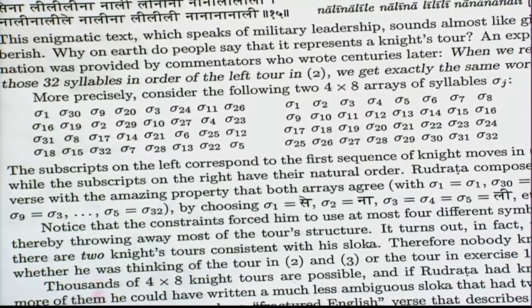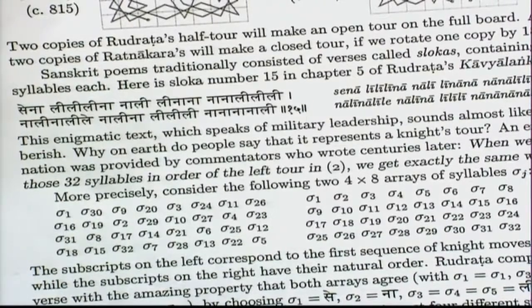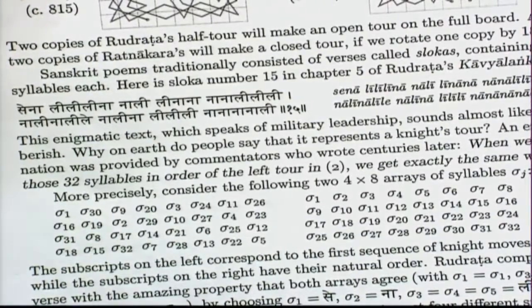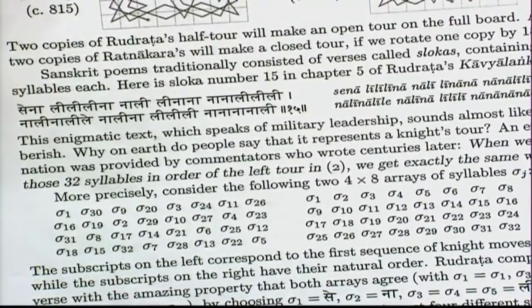On the other hand, it turns out that this poem actually does mean something. I mean, Sanskrit is much more flexible than English, so you can do wordplay more. Sanskrit poems consist of groups of 32 syllables that are called shlokas, and so he found a shloka, a 32 syllable thing that had this property that you could read it in two ways.